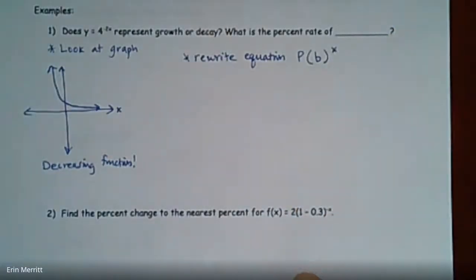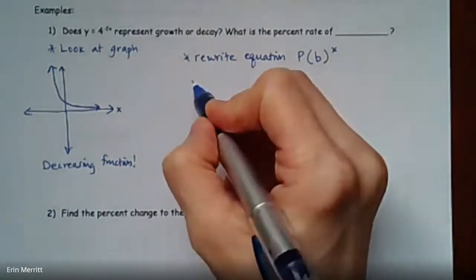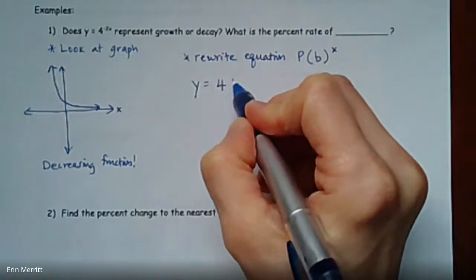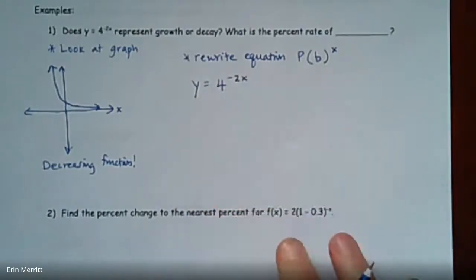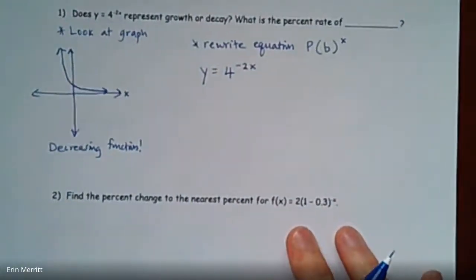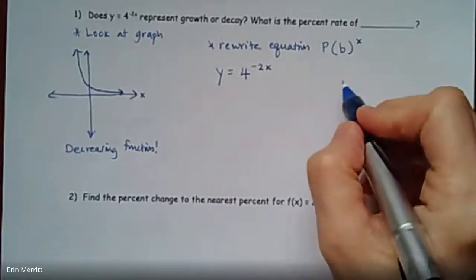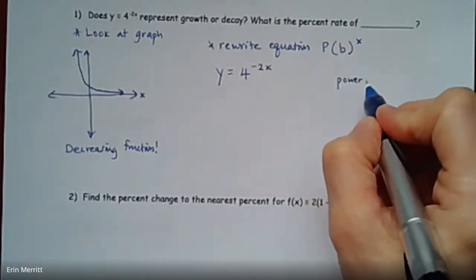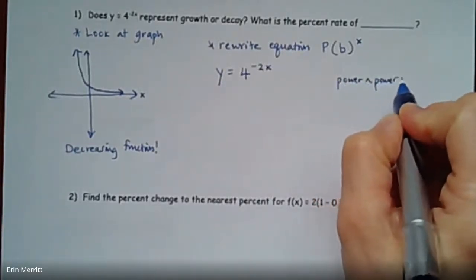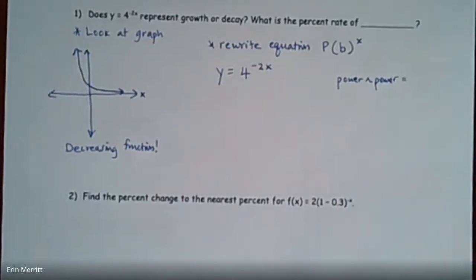We're going to take the equation apart. So let's write it down. We have 4 raised to the negative 2x. We're going to take advantage of the fact that if you have a power raised to a power, you multiply the exponents.